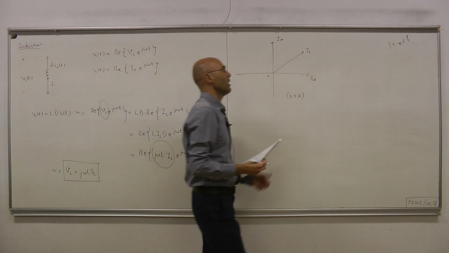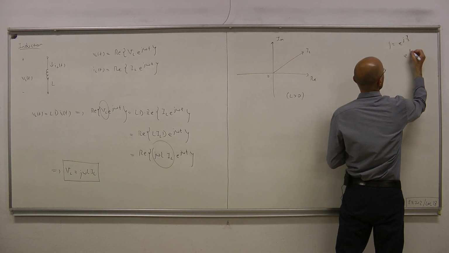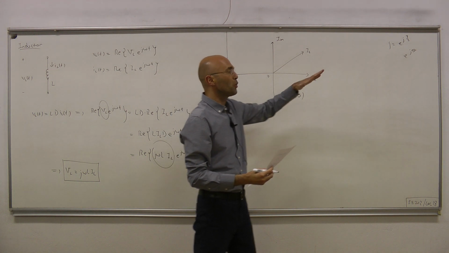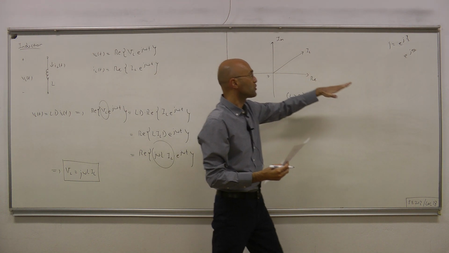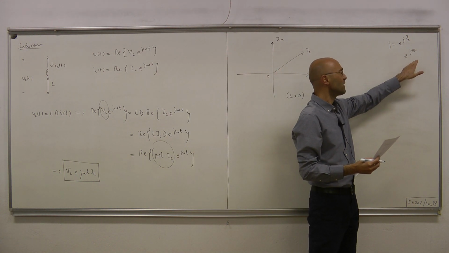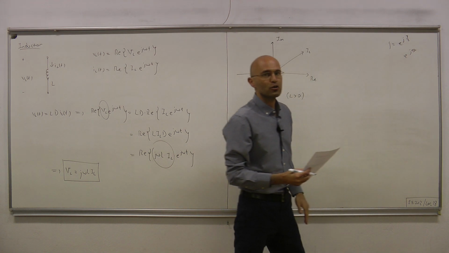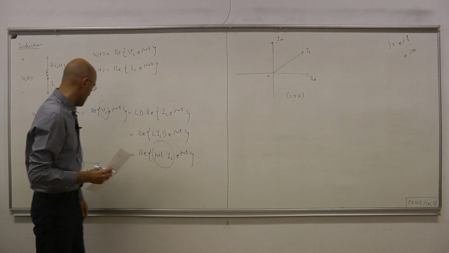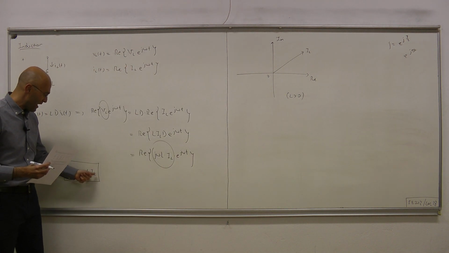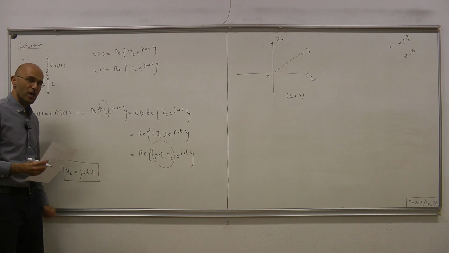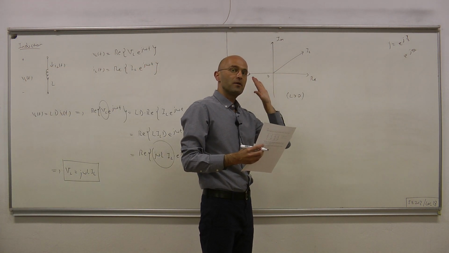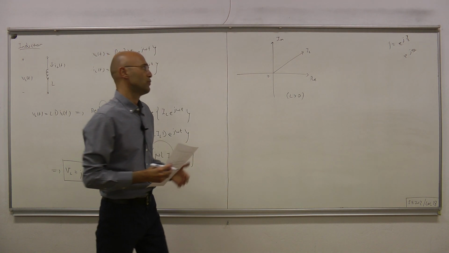And when you multiply something by e to the j theta, what happens is you don't touch the magnitude, and you rotate the thing that this is multiplying in the counterclockwise direction by theta radians. Now, since we're multiplying this omega L IL thing by j, it means we're rotating it 90 degrees in the counterclockwise direction.